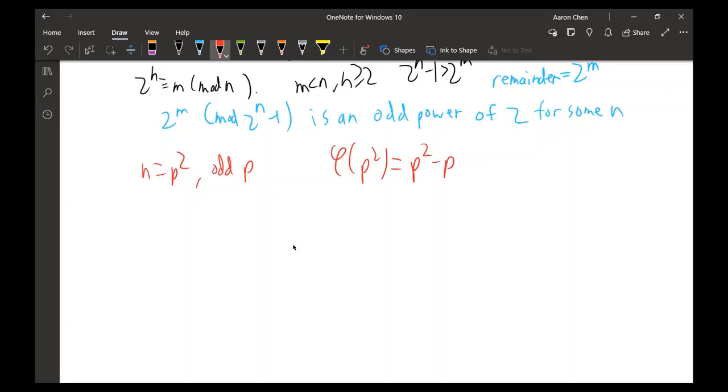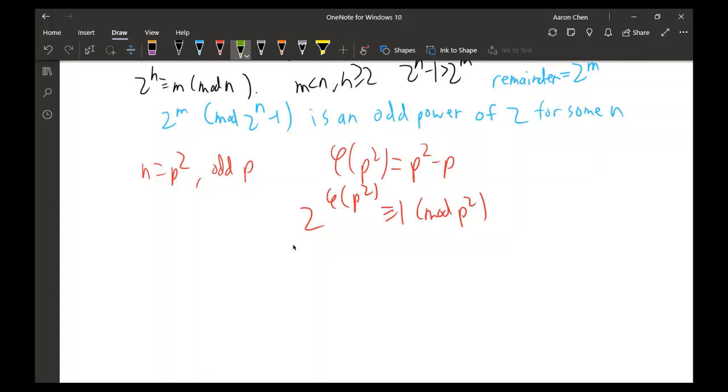Okay. Since 2 is relatively prime to p squared, that would mean that 2 to the power of phi of p squared is congruent to 1 mod p squared. And this is just Euler's totient theorem, I believe that was what it was called.